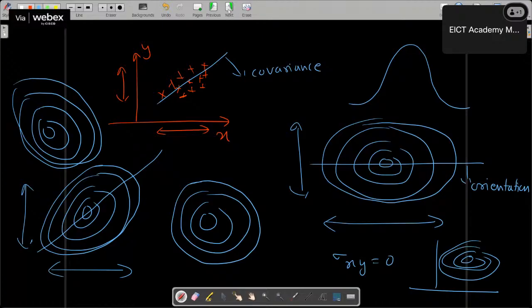Clear? So now come to this GMM in two dimensions. So two dimensions, that is x1 and x2. This one is x1 and this one is x2. So x1, let's say, is the marks in the 10th standard, and x2 is the marks in the 12th standard. Okay.